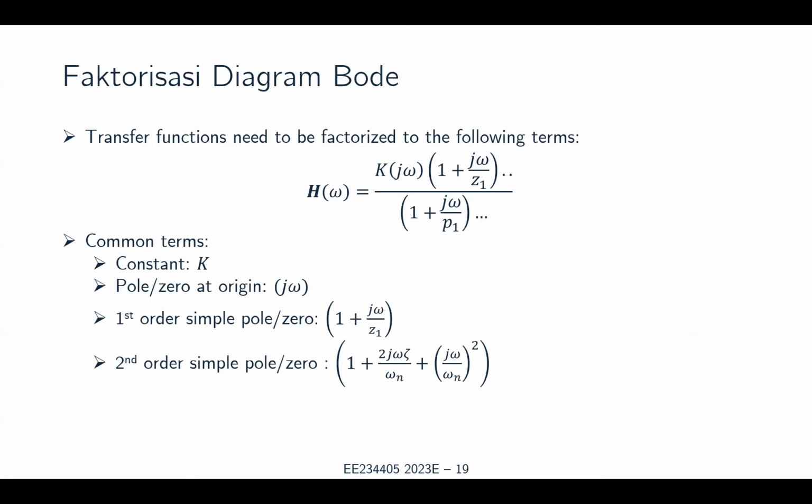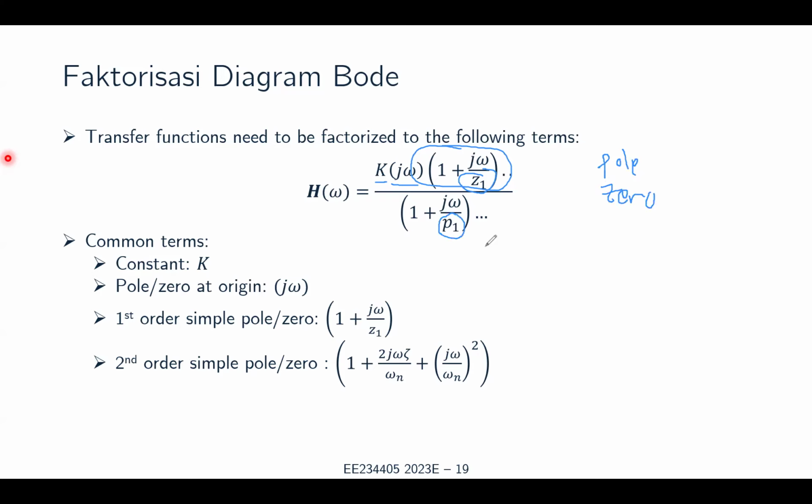So for Bode plot factorization, we could factorize this into these terms. So H(omega) is the transfer function, which could be factorized into K, and then j omega, and then 1 plus j omega over z1. So this is the zero of the transfer function, right? So recall that there is a pole and there is a zero of the transfer function.